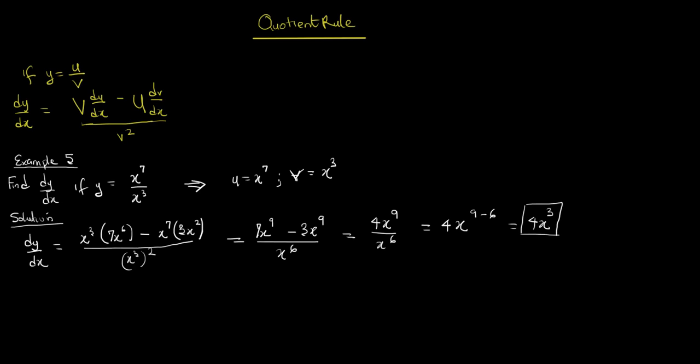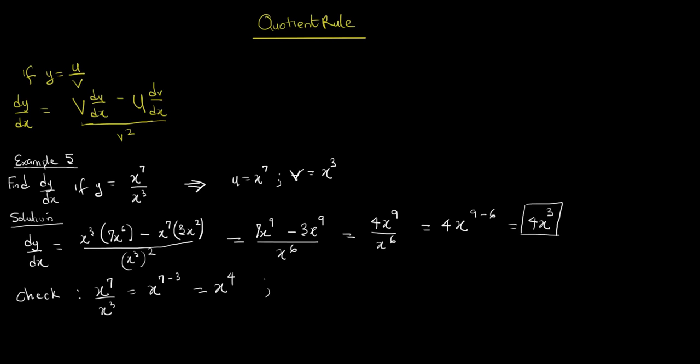Now, interesting. Is there a way to check if this is the case? We know that x raised to power 7 divided by x raised to power 3 should be x raised to power 7 minus 3, so that should give us x raised to power 4.